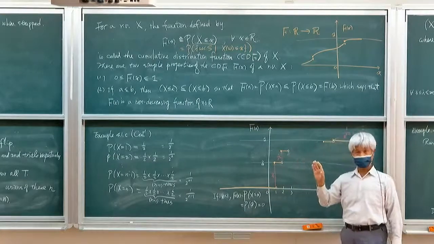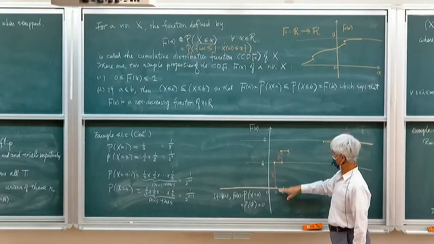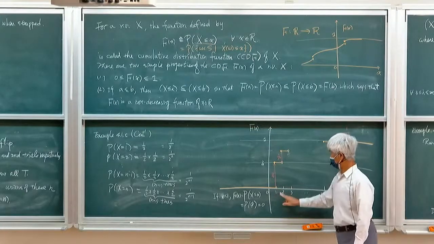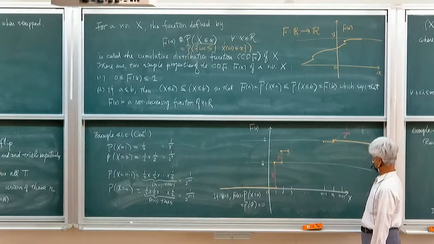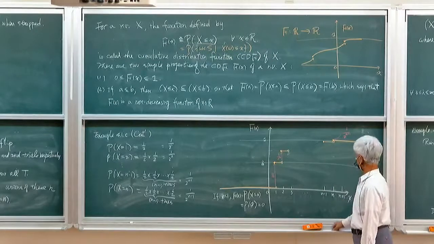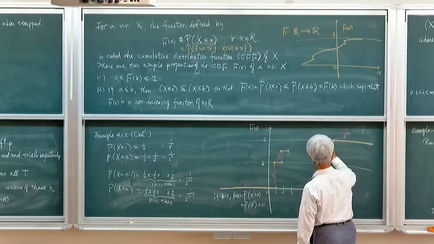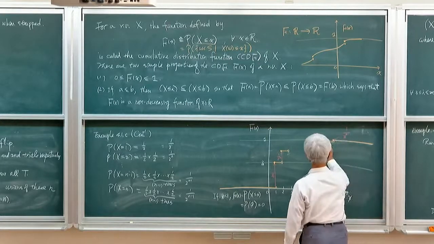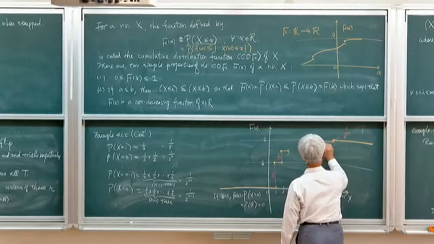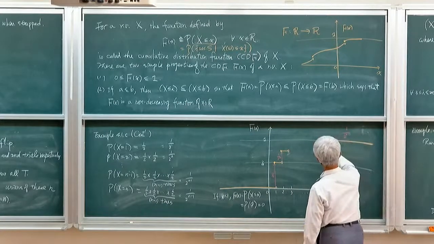So you can see that it's a stepwise function, and it has jumps at the possible values 1, 2, 3, etc. We draw a circle here and the jump size.